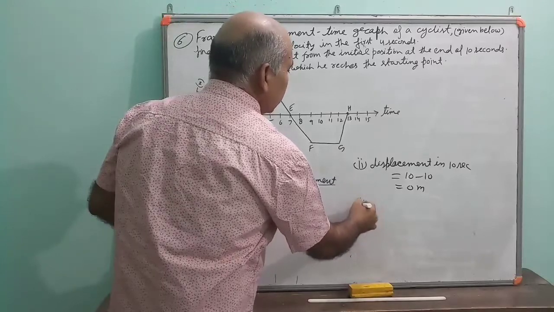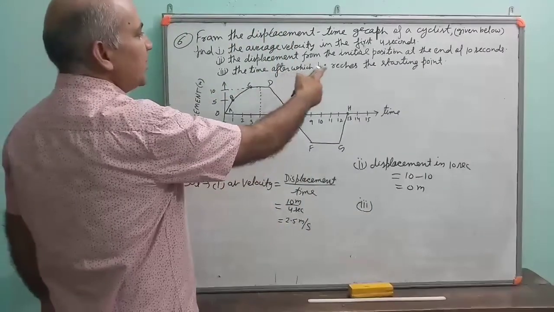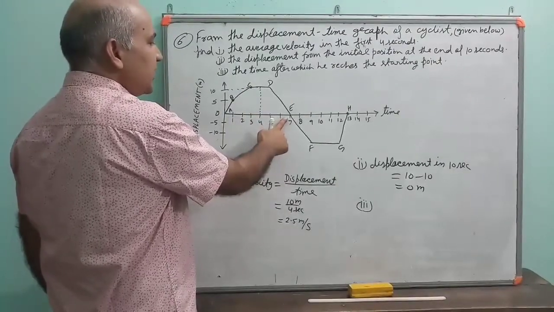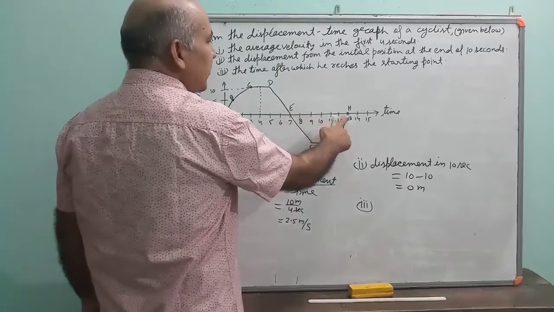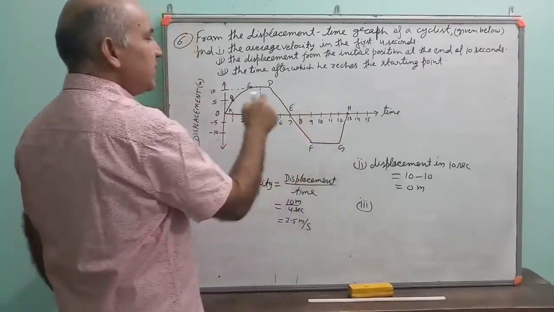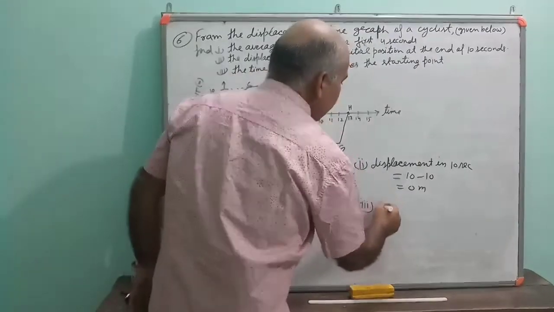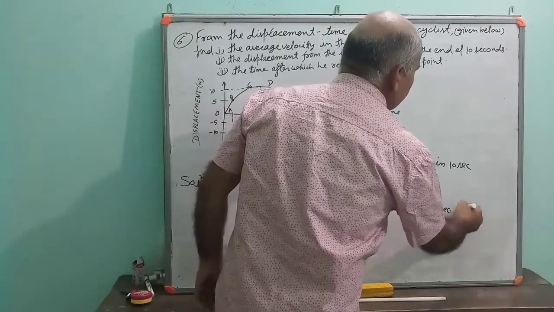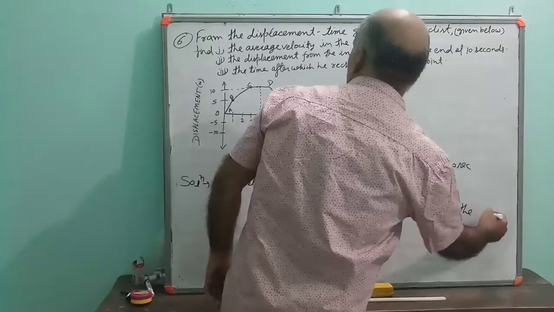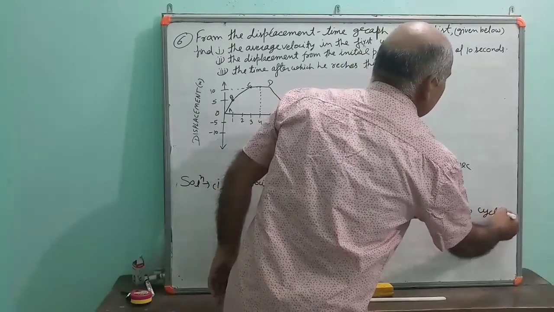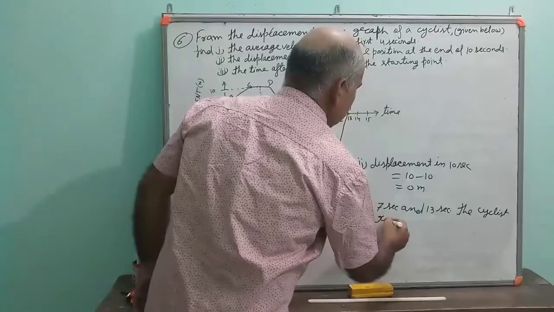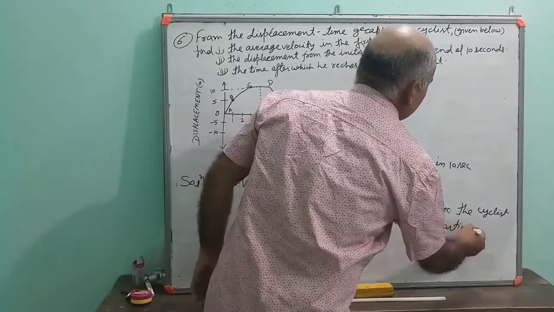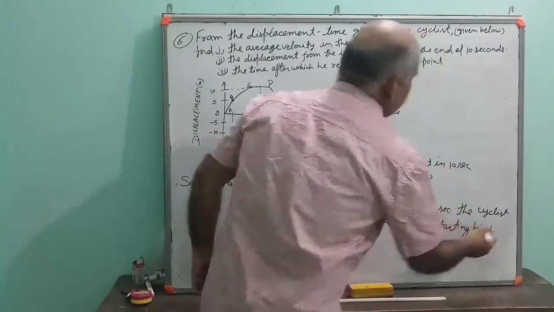And the third one, the time after which he reaches the starting point. So we are watching that at the 7th second and at the 13th second, 2 times the object is reaching at the starting point. That means 7 seconds and 13 seconds the cyclist reaches the starting point.